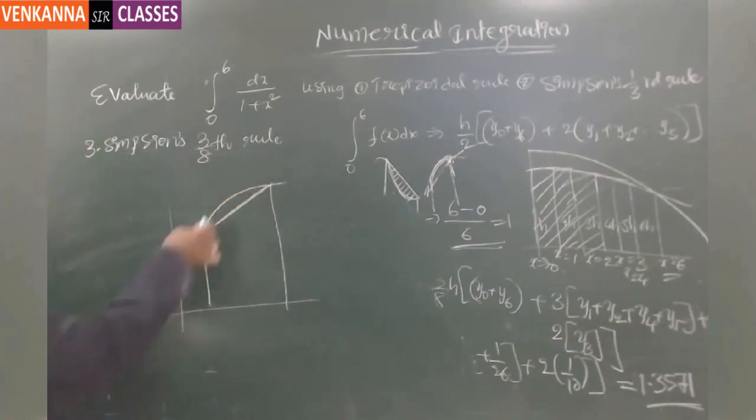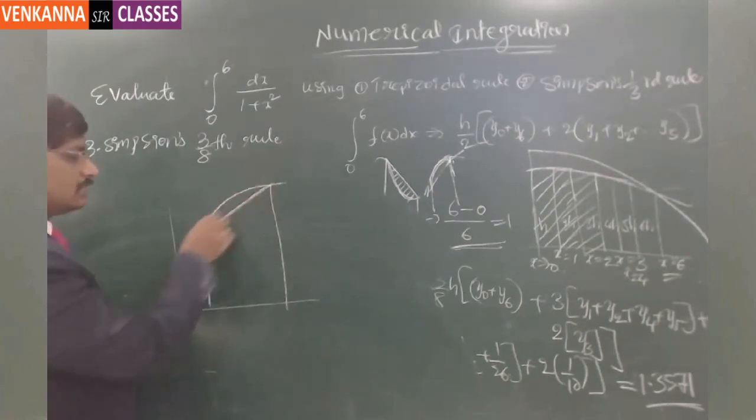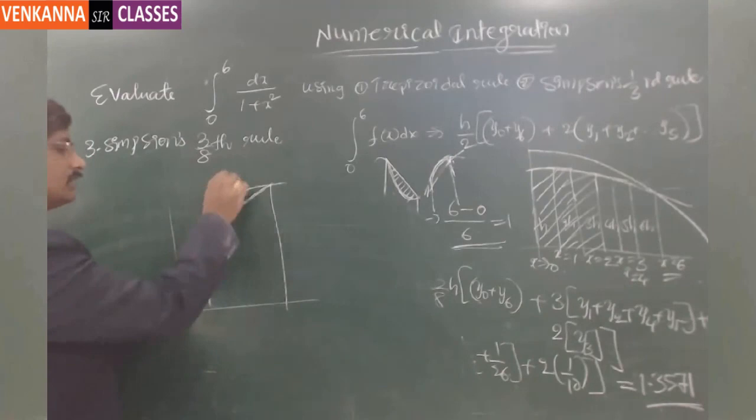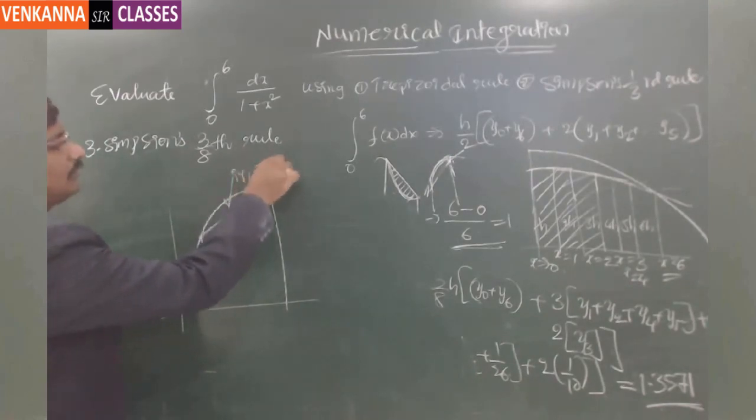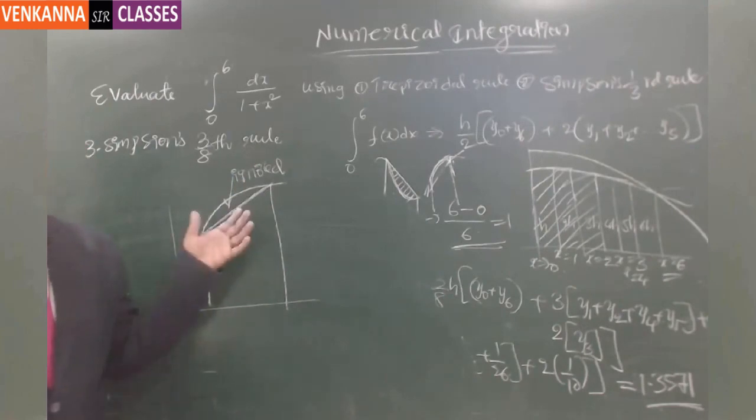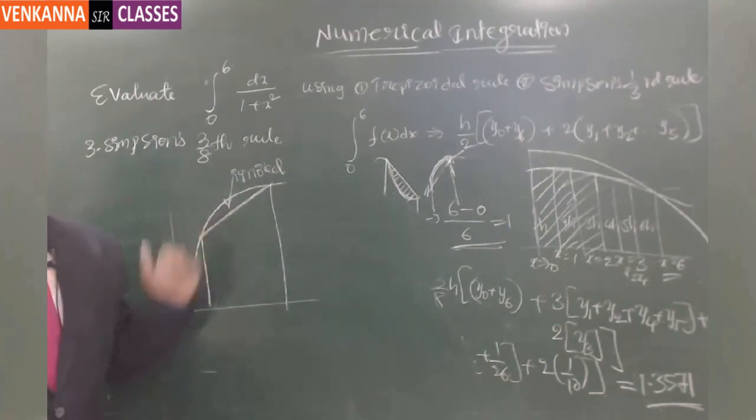Obviously the entire area under the curve is the accurate value, but you are considering it as a trapezoid, so ignoring this area. If it is ignored, then the area calculated is lesser than the actual value.